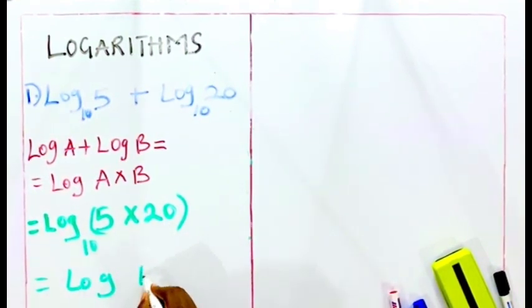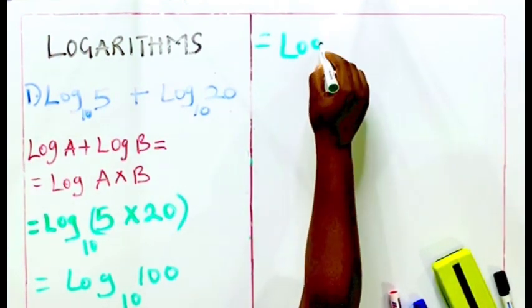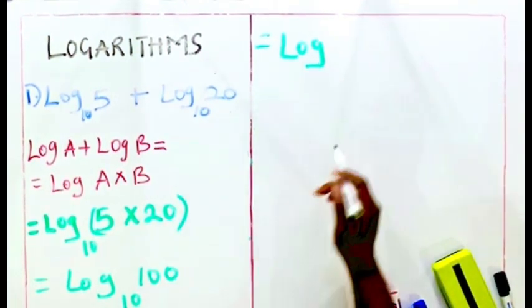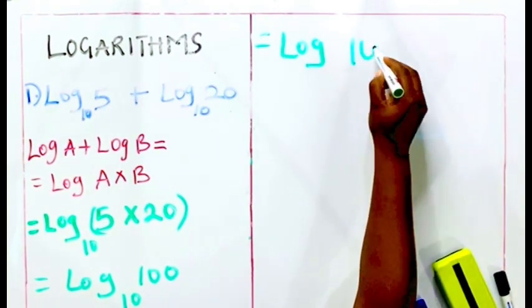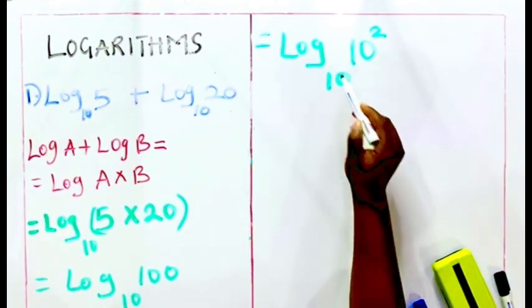5 times 20 is 100, base 10. Index form of 100: 100 can be written as 10 raised to the power of 2 to base 10.